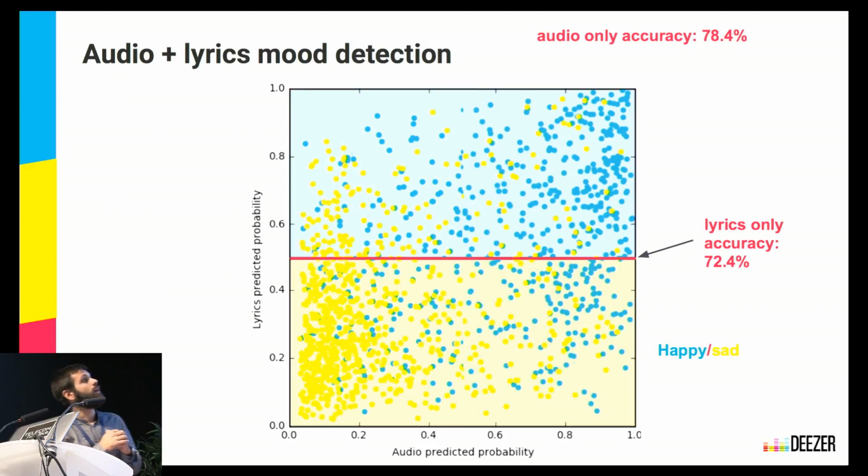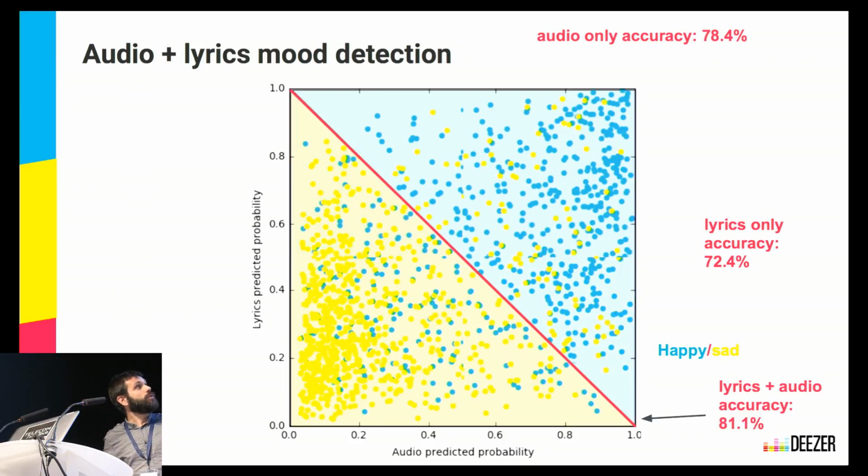If you take your decision on lyrics only, you will have this horizontal decision threshold. For both, we have a better than random accuracy, so they both bring some kind of information, but obviously what you want to take is the top right points. So basically you want to have this diagonal decision.